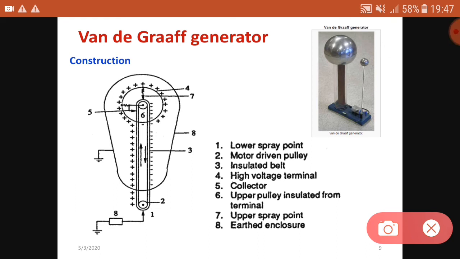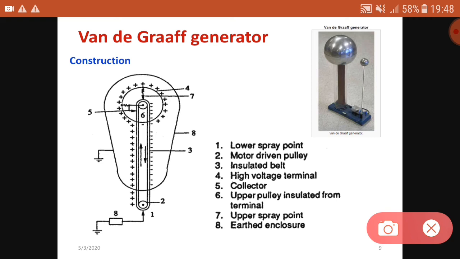Now, what is the working principle, or how is the charge spread in the hollow sphere? In this figure we can see the belt is placed on two pulleys. The pulleys are made from metals and the belt is made from insulating materials. From the lower points, positive charge will travel through this belt up to the upper point.